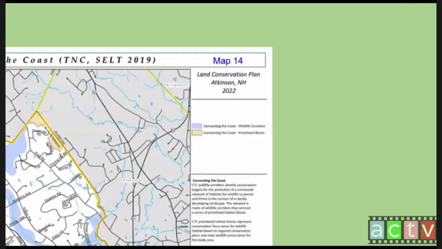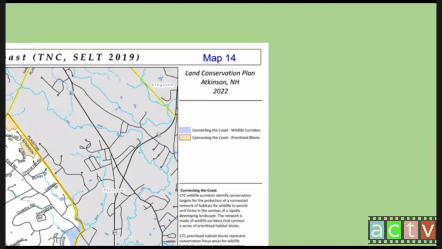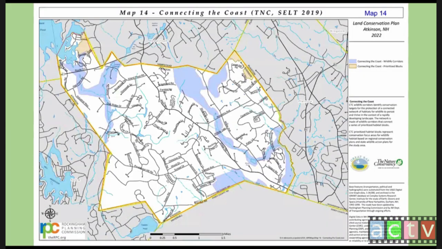Looking at the legend, wildlife corridors are shown in light blue and the prioritized blocks are beige. As with many other maps I have just shown, the information presented here needs to be verified by on-the-ground observations and other research. It is the theoretical place where there would be wildlife corridors, not the actual place.